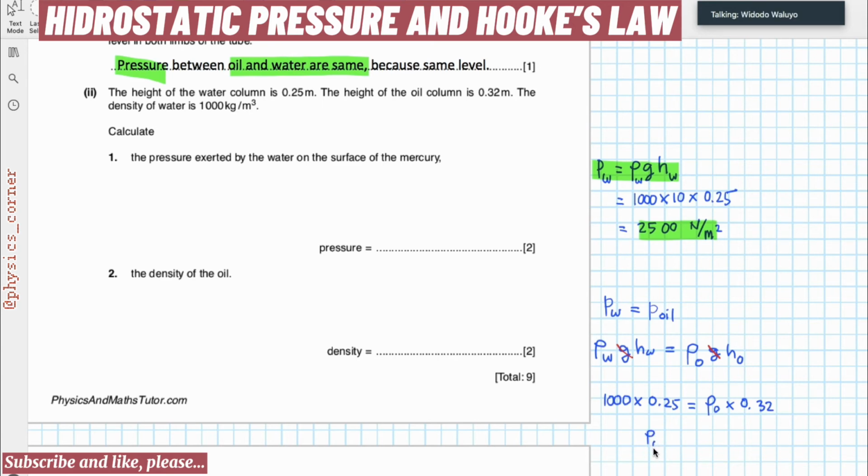So density of oil is 250 divided by 0.32. This is 781.25 kilogram per meter cubic.